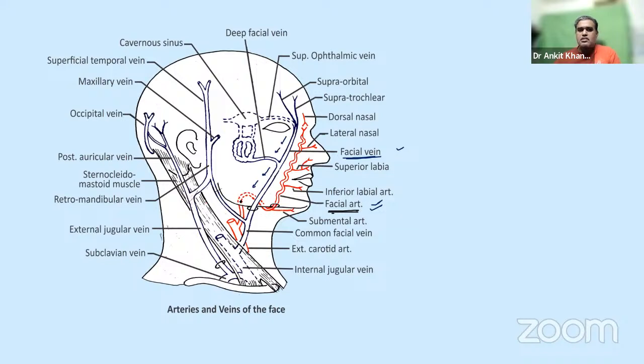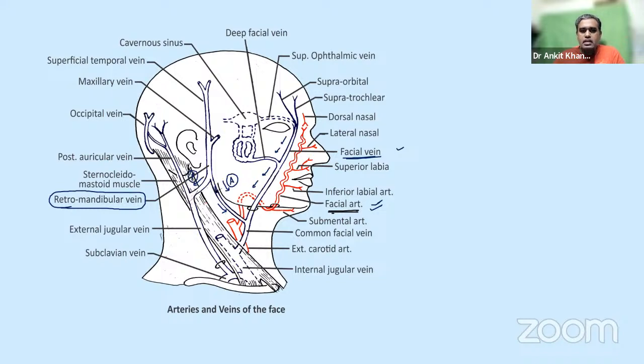We'll see other connections. As it goes down, it joins with the anterior branch of the retromandibular vein. Which vein is this? This is the retromandibular vein, just behind the mandible. It gives off an anterior division and a posterior division.